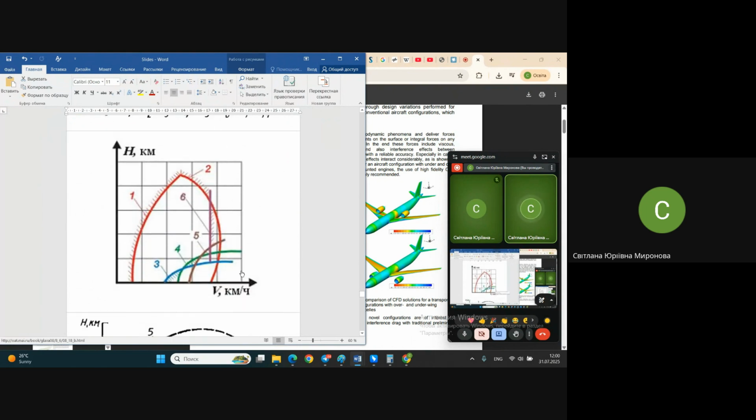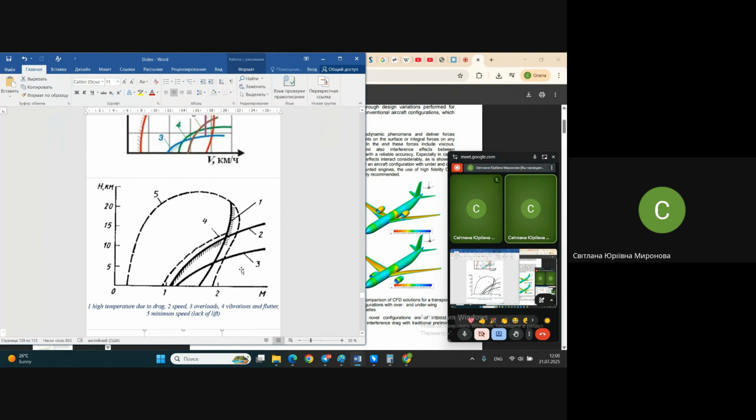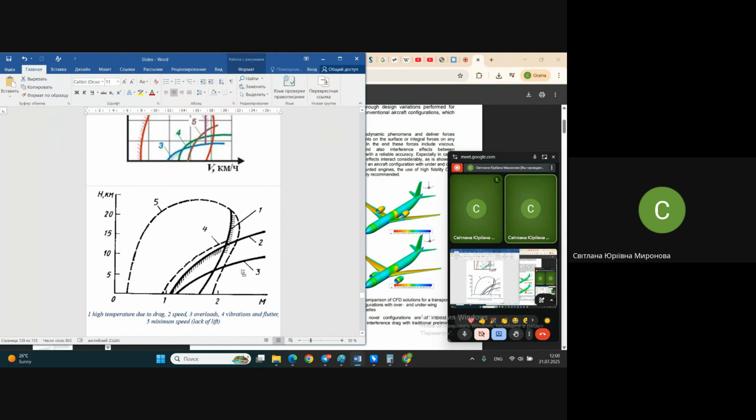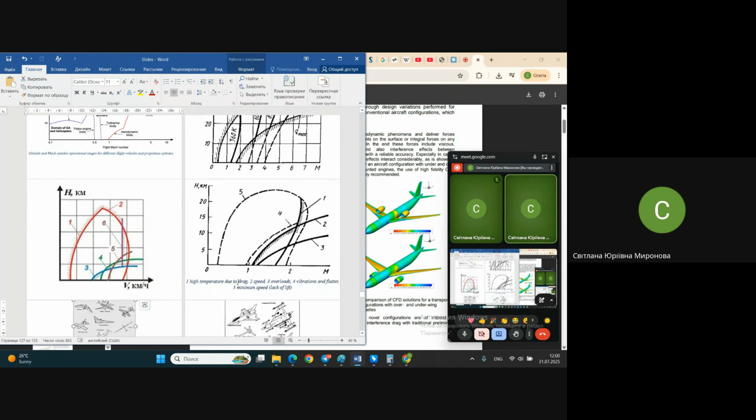And the same practically regions, the same curves, but more colorful. Do pay attention, whether first picture or second, doesn't matter. Here is the red one. It's lack of lift. Outside of this area, flight is not possible because of lack of lift. Curve number 5 here: high temperatures and overloads, they are here near the Mach number axis.